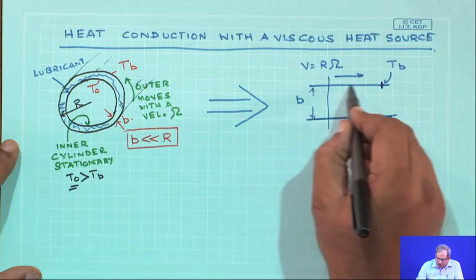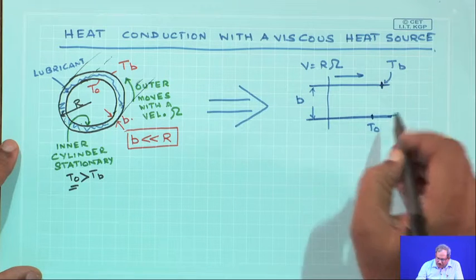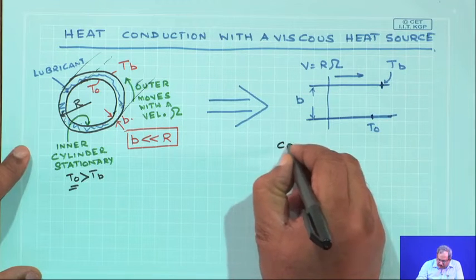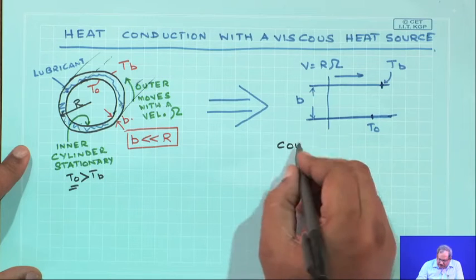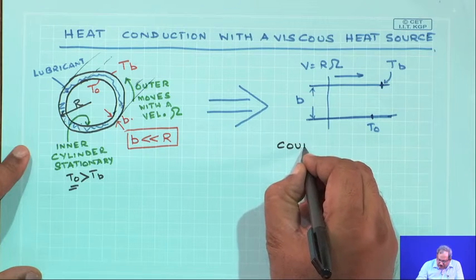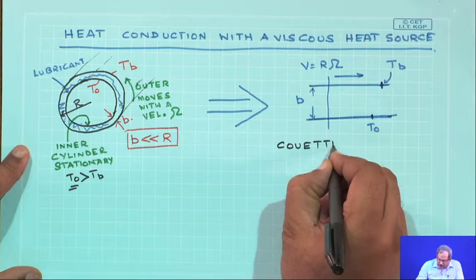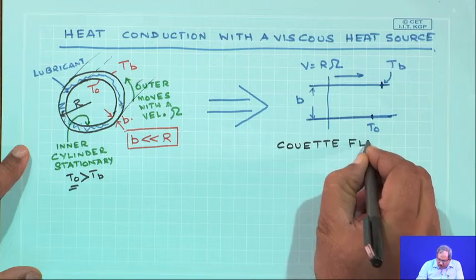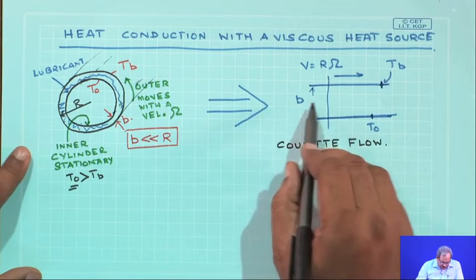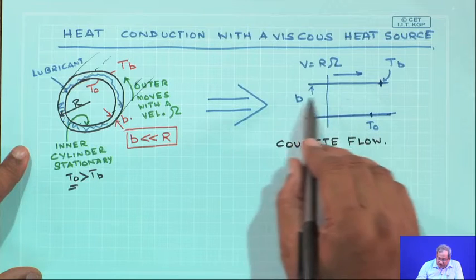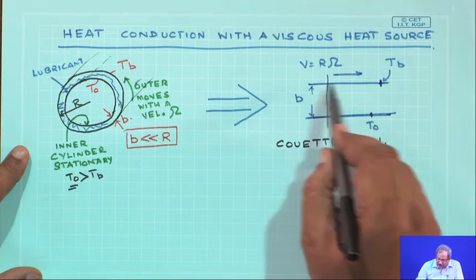Now, since the top plate is moving and the bottom plate is stationary, in your fluid mechanics you have probably read this to be known as the Couette flow. Couette flow is the one in which you do not have any pressure gradient imposed on it.